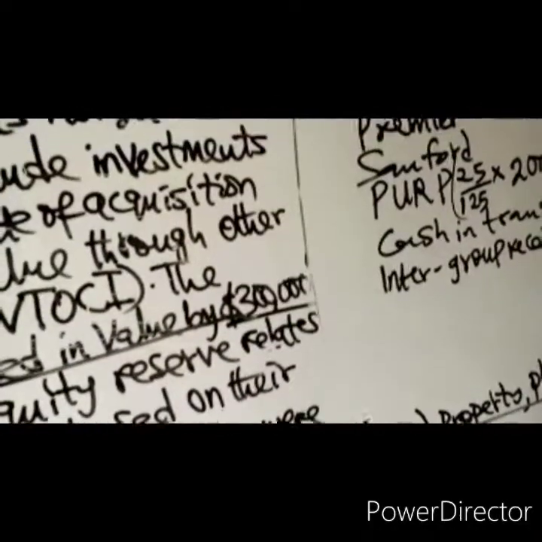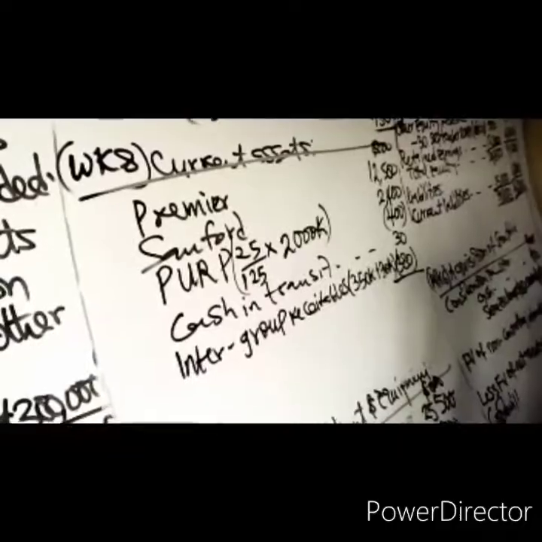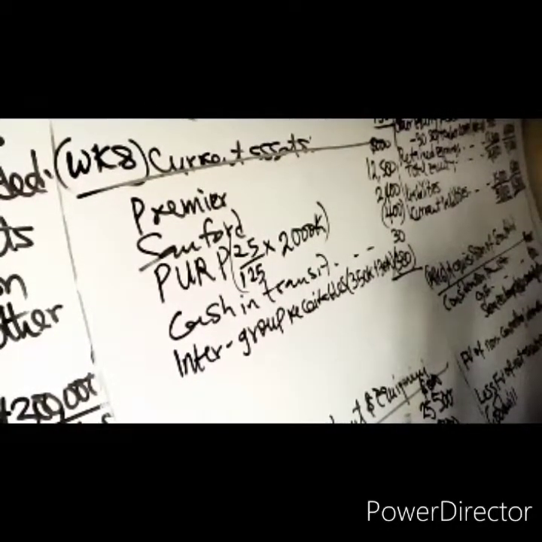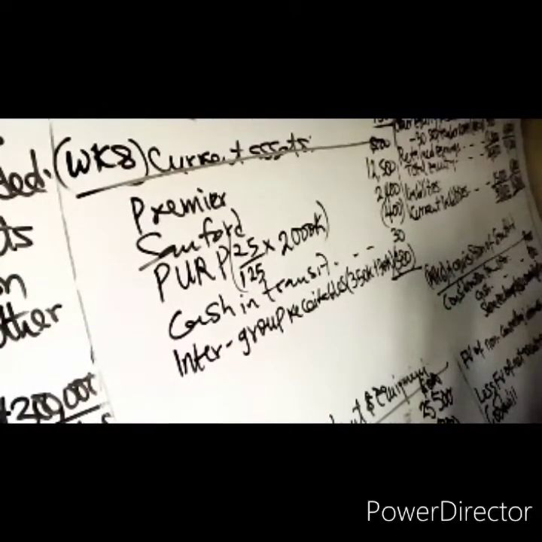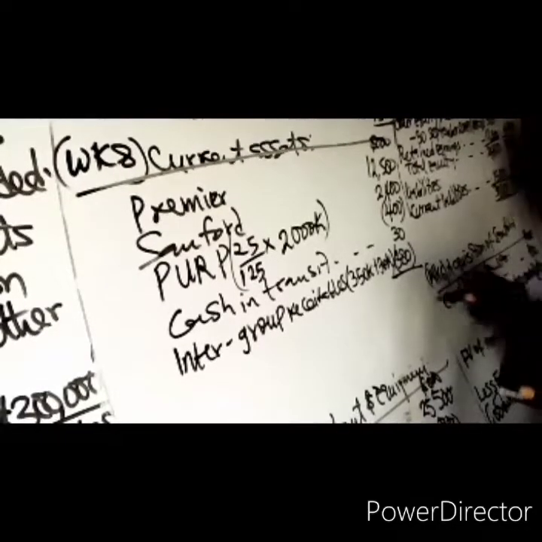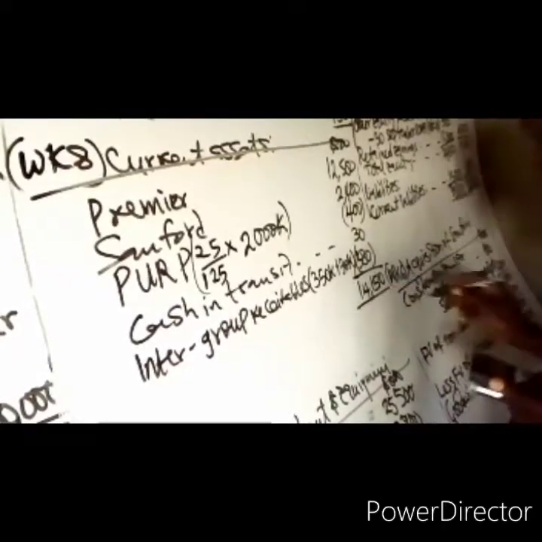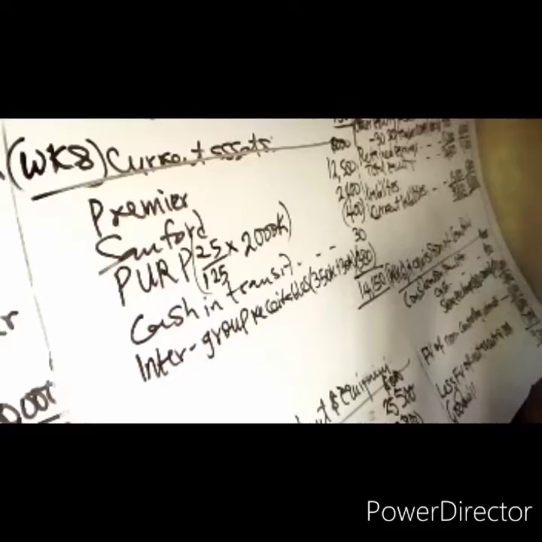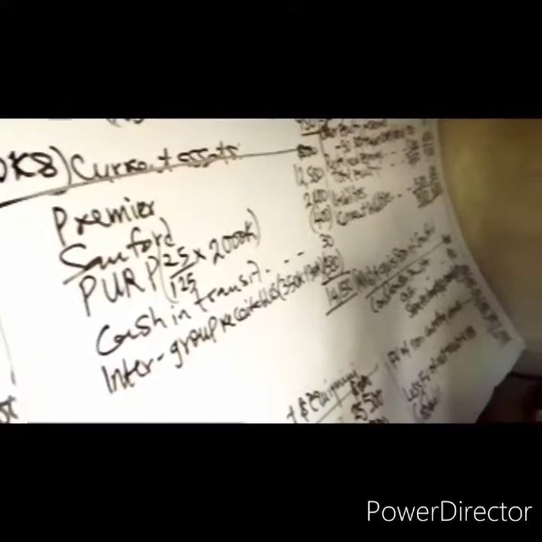So you cast: we have 12,500 plus 2,400 minus 400 plus 30 minus 380. Then you have 14,150. That is the total of our current assets.